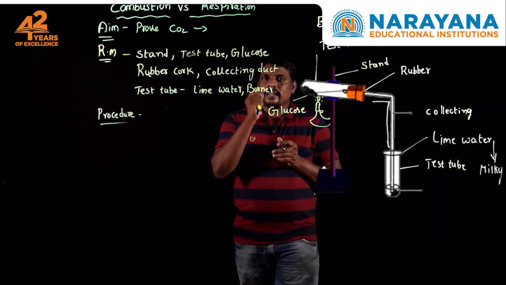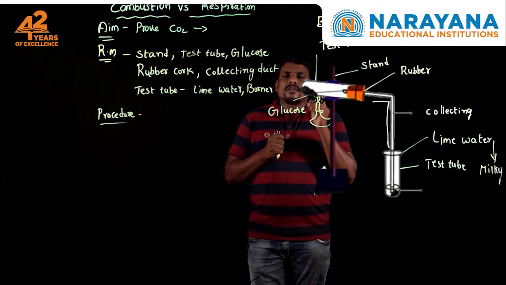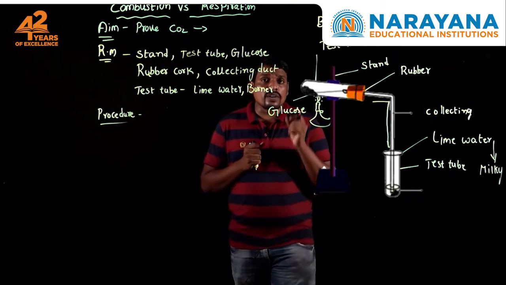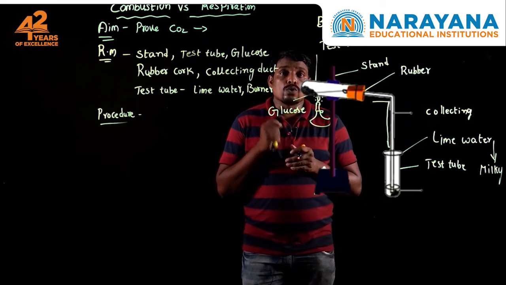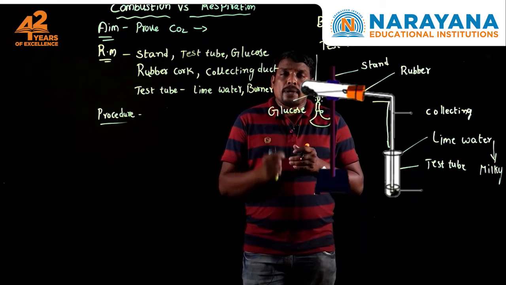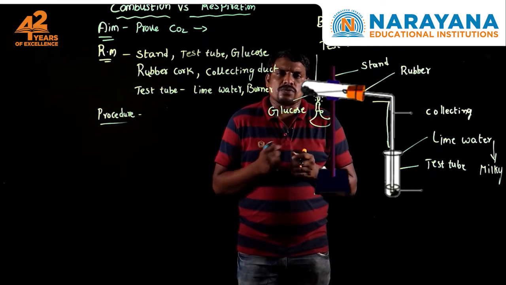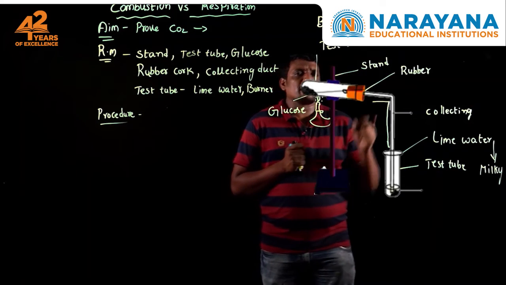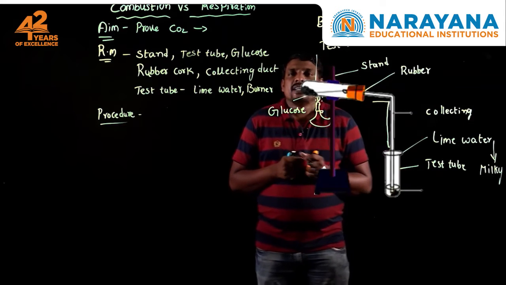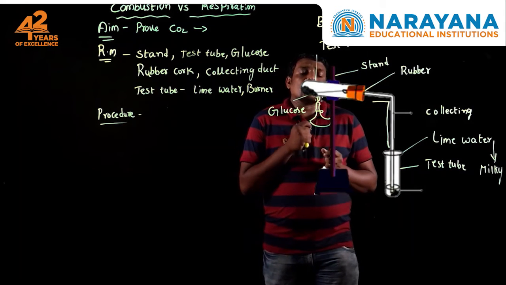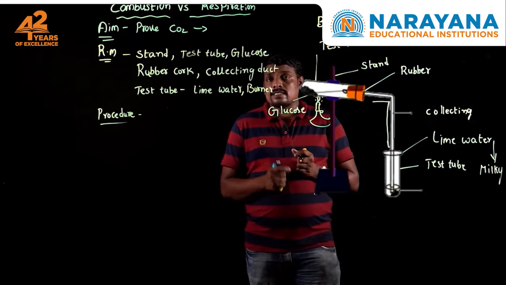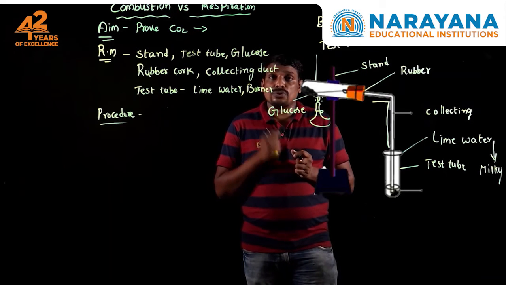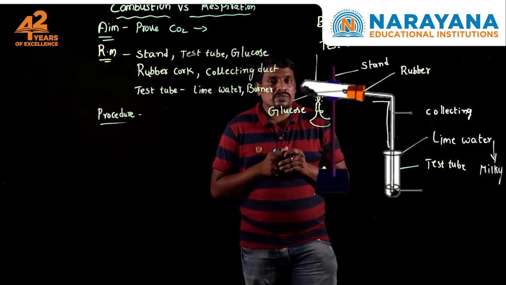What does this milky white precipitate indicate? It indicates the presence of carbon dioxide in the smog. So, during burning or the combustion process, carbon dioxide is generally produced. The produced carbon dioxide, when it reacts with lime water, turns it into a milky white precipitate, which indicates that carbon dioxide is produced during the combustion process.